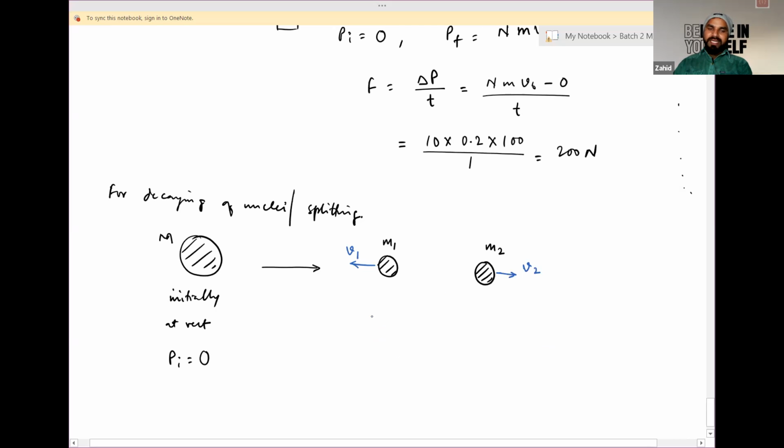So momentum final for these two will be m1 v1 in negative plus m2 v2 in positive. According to conservation of linear momentum, this should be equal to 0. If you rearrange it, you will get m1 v1 equals m2 v2, meaning p1 equals p2. Is it clear?